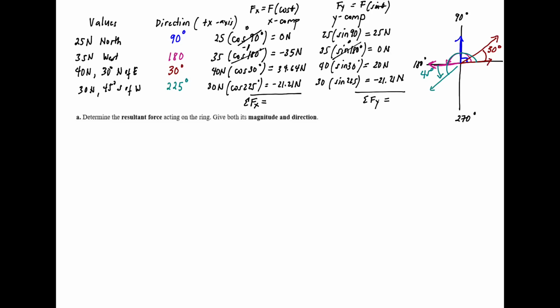So if you're gonna press all of this, you have 0 plus negative 35 plus 34.64 plus negative 21.21. You're gonna get a value of negative 21.57 Newton. And for the summation of all the Fy, if you're gonna press your calculator, you're gonna have positive 23.79 Newton.